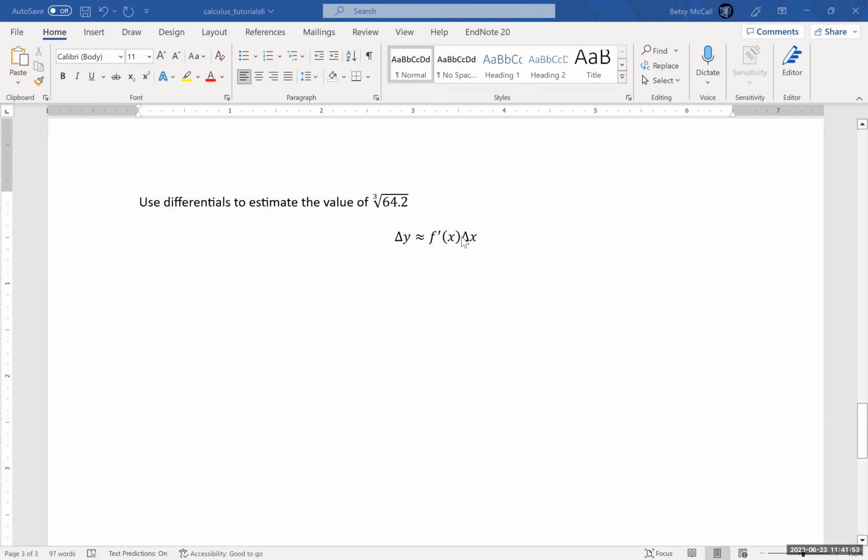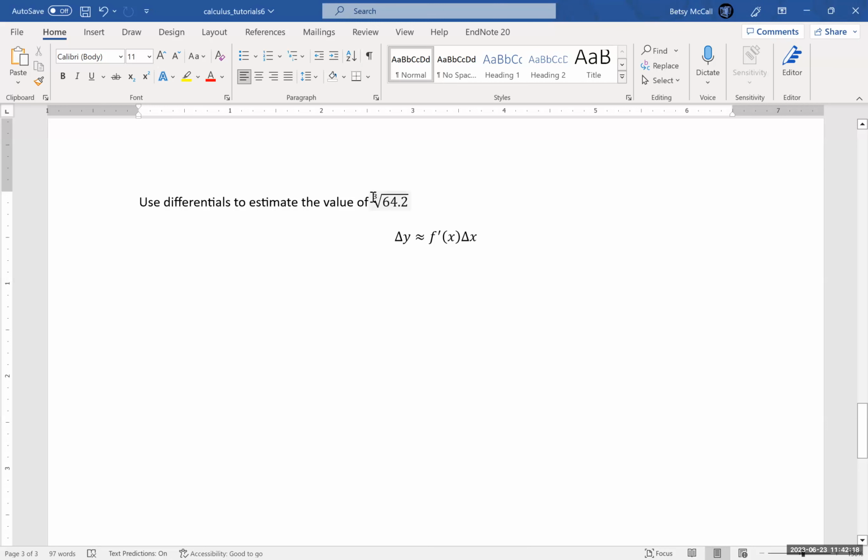What is our function that we're going to take the derivative of? We're also going to need to figure out the value that we're going to evaluate that derivative at. And then we're also going to have to figure out what delta x is. And then we can use those pieces to calculate our approximation for the change in y. And then from there, we can use that to actually approximate the value of this expression.